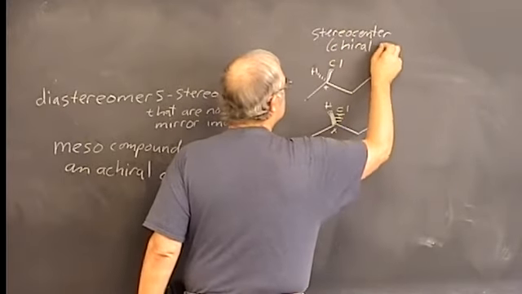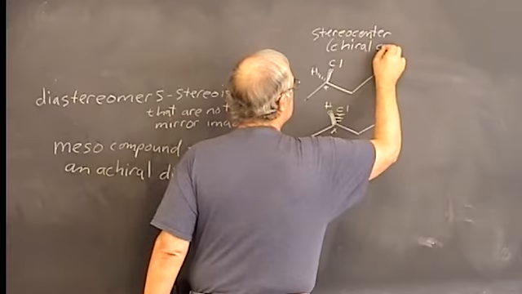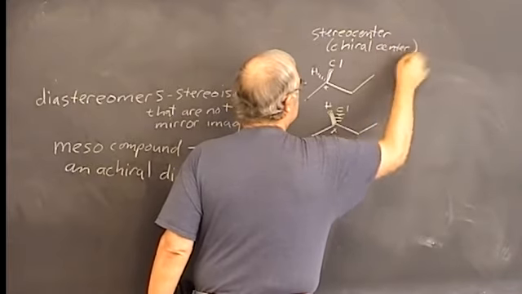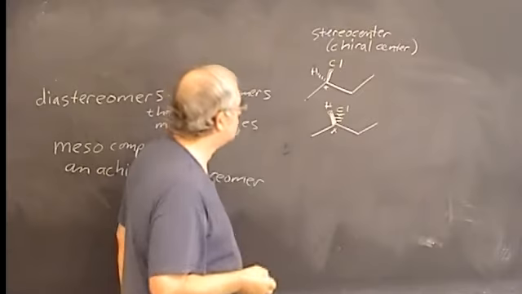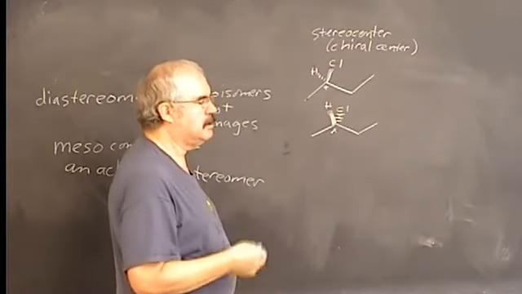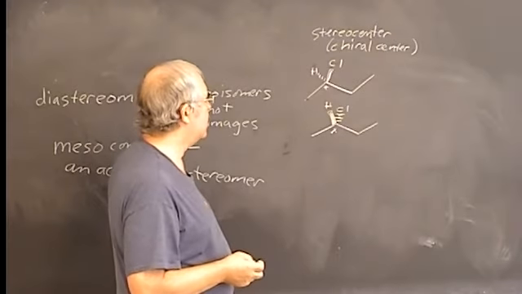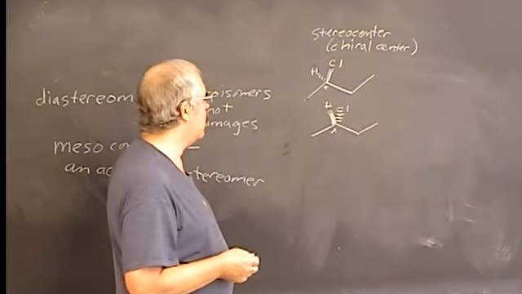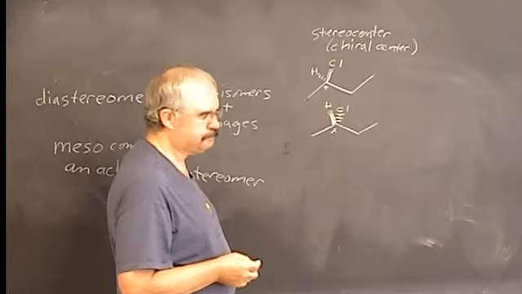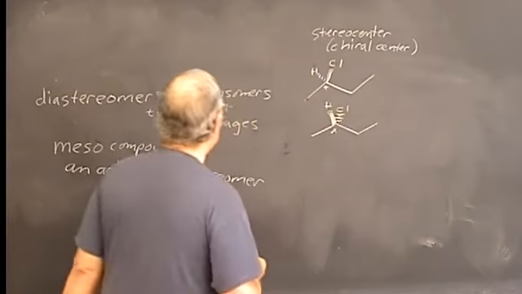Chirality center is sometimes called. We establish priority using the same rules that we use for the E/Z system, except instead of comparing 2 groups, we're going to compare all 4.